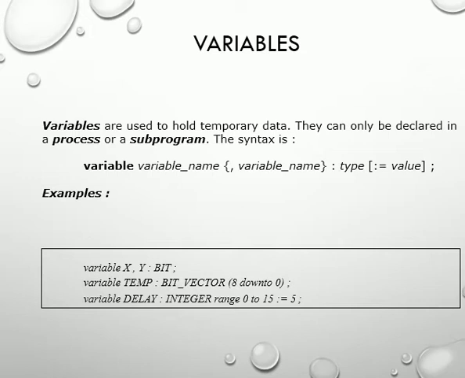The syntax is: variable, which is a keyword, then the variable name, and if multiple variables are present, separate them with a comma, then a colon, the type of that variable, and after that the initial value of that variable.